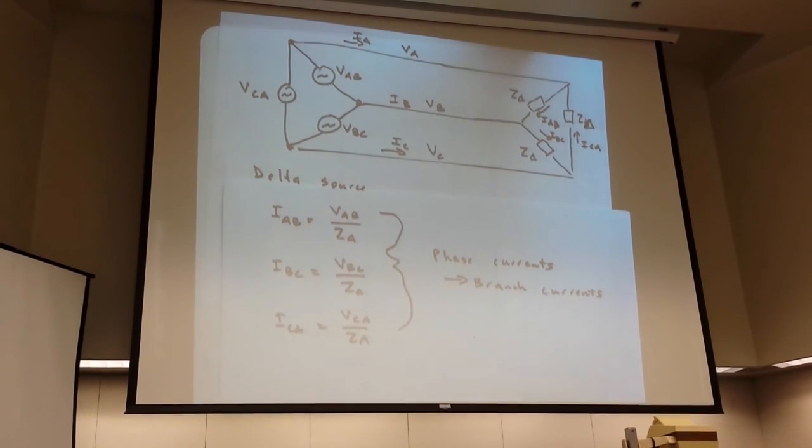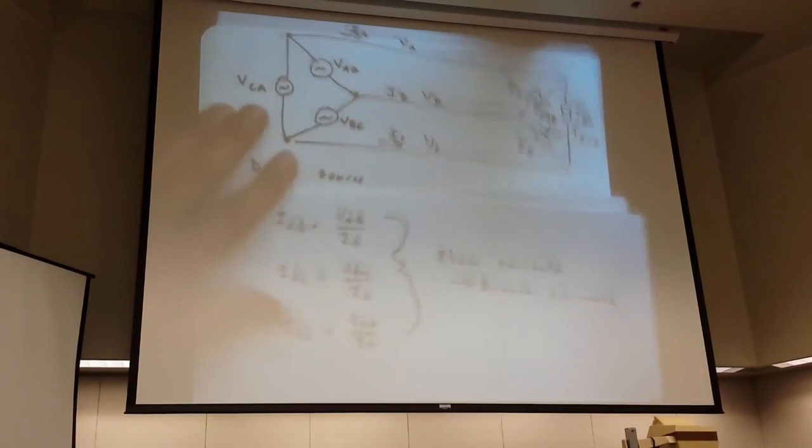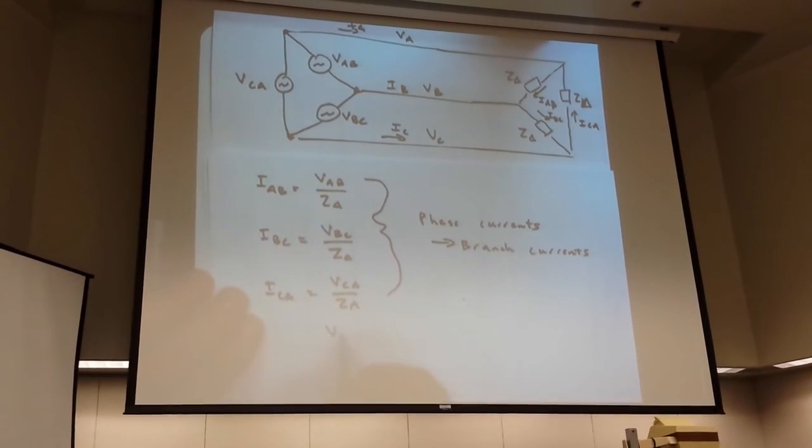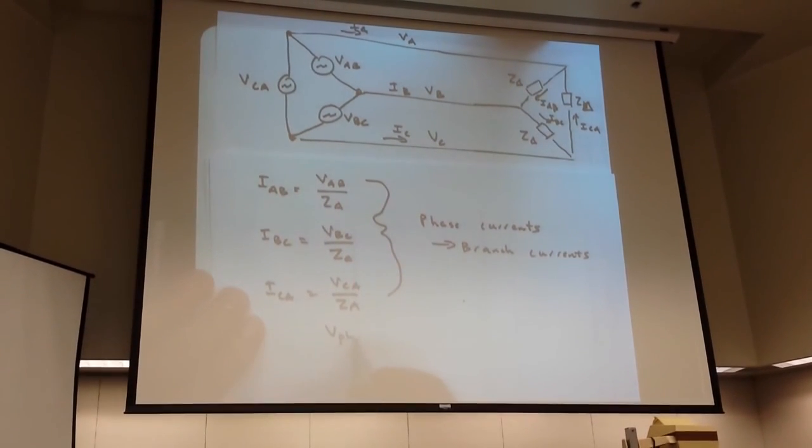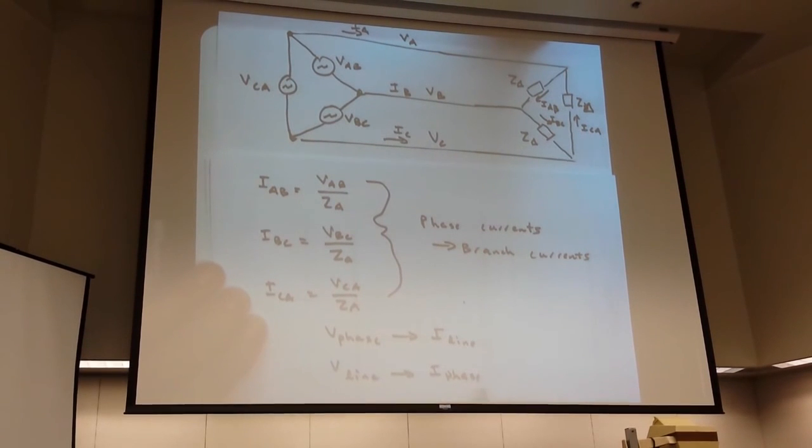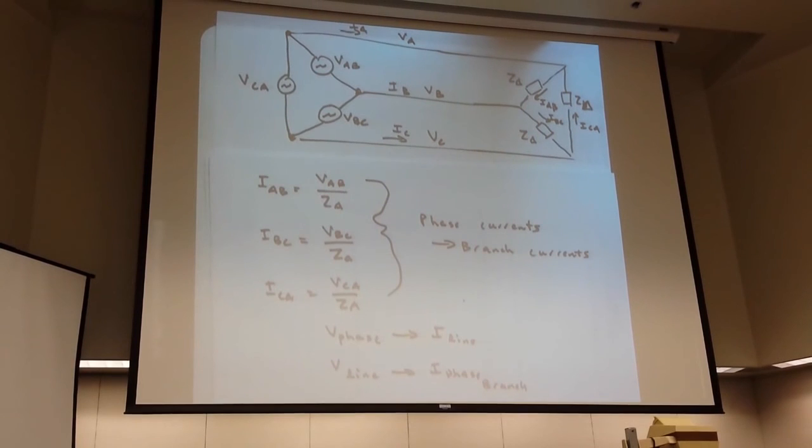So the phase goes with line current, and now the line goes with I phase, or branch, is really what's used.